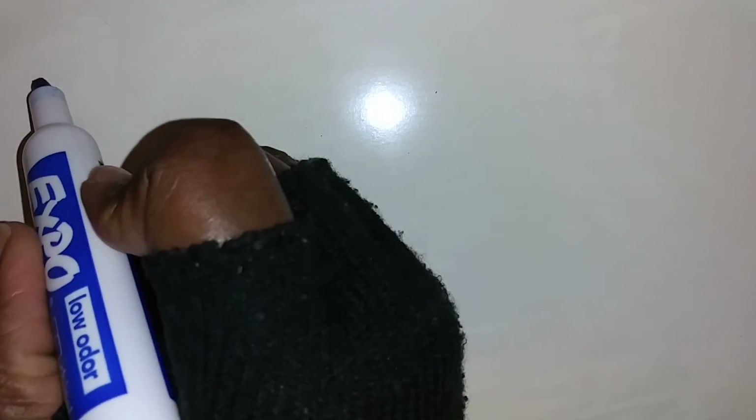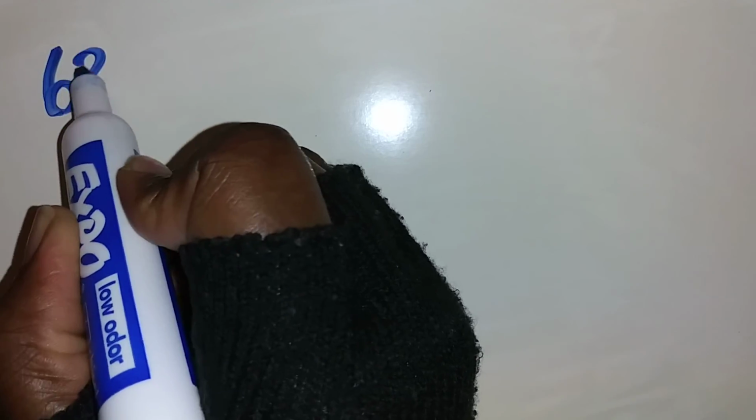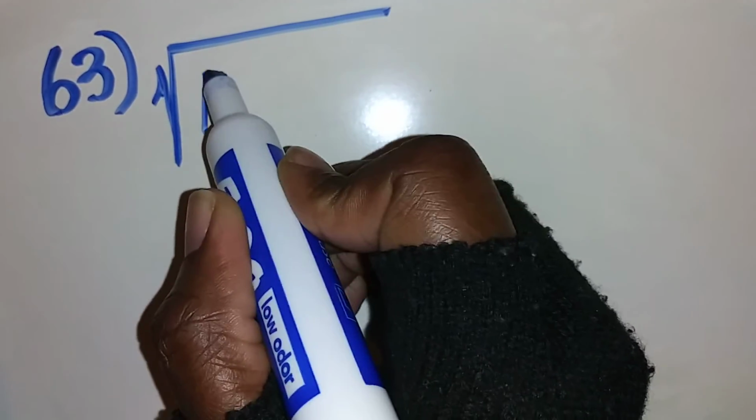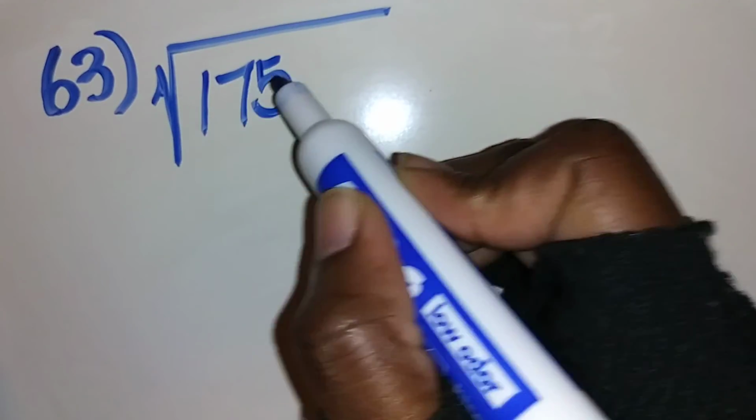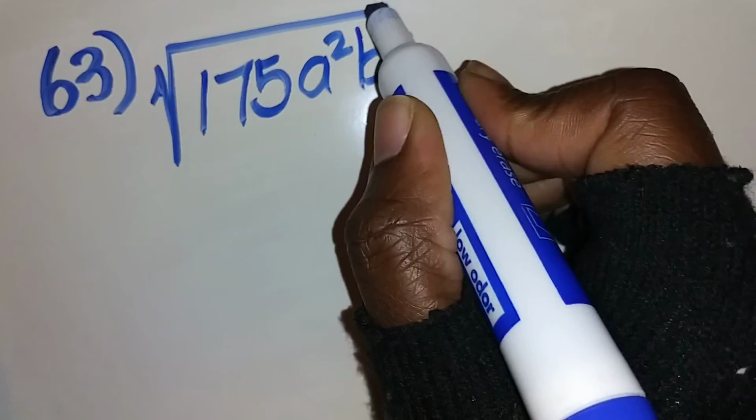Okay, let's try the next one. Let's look at number 63. I have the square root of 175a squared b to the 3rd.